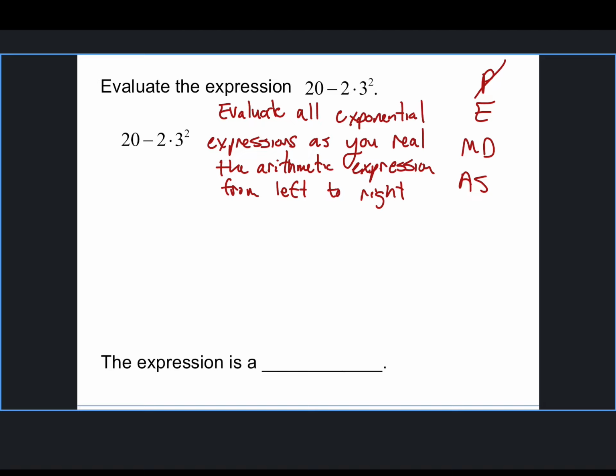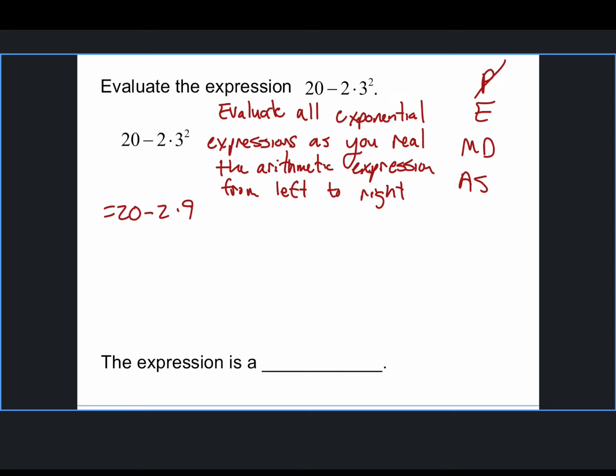Okay, so when we do that, what do we have in an exponent? 3 squared. And what is 3 squared? No, 9. Yeah, 3 squared is 3 times 3.